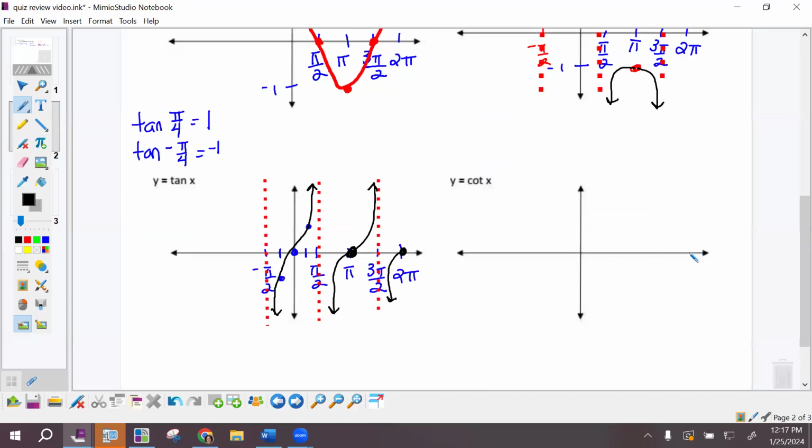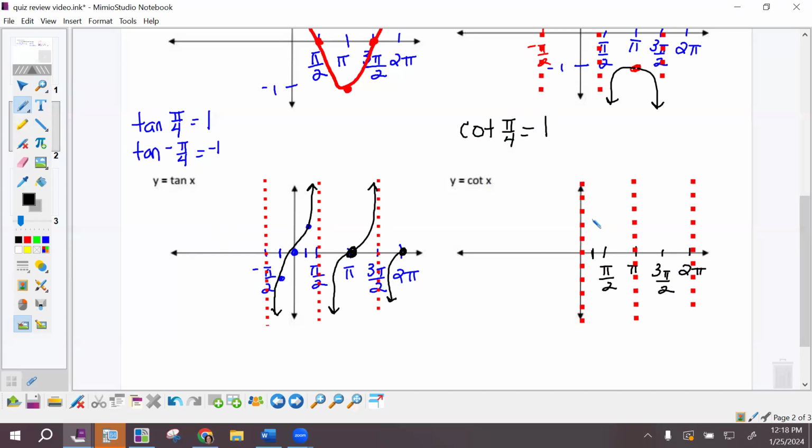And then for cotangent, anywhere tangent has an x-intercept becomes an asymptote. And then I'm going to go back to this pi over 4 value, that cotangent of pi over 4, since that pi over 4 is in quadrant 1, has an output of 1.